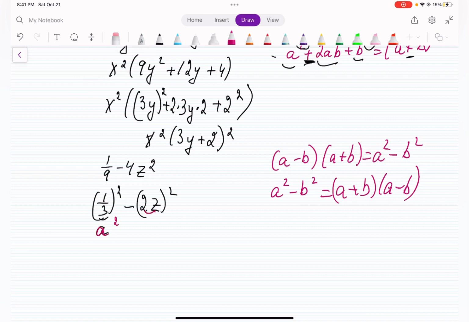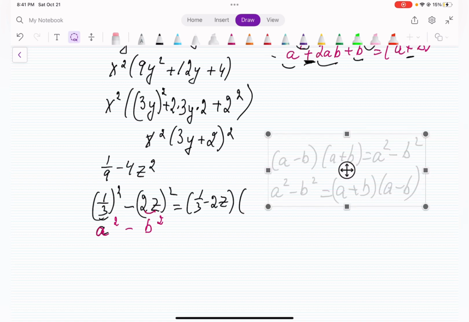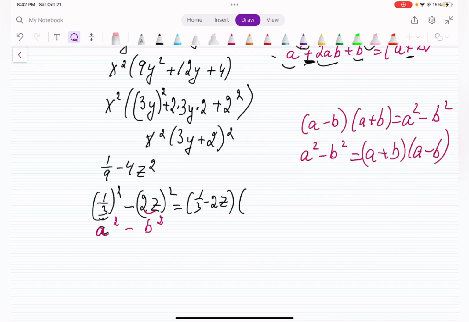And 2z is my b, it's going to be b to power 2. And what do I get from here? From here I get 1/3 minus 2z times 1/3 plus 2z.